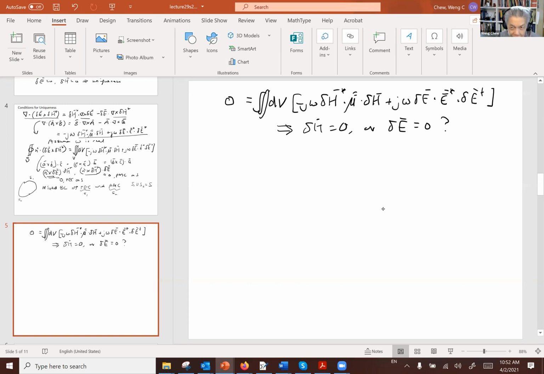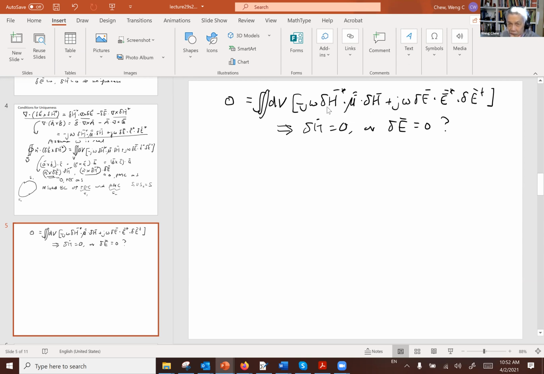But that's not true. It's not necessarily true that if this is 0, delta H or delta E have to be 0. And what do you see that is deterring this from happening? If you have two terms, and there's a negative sign there, that is dangerous.